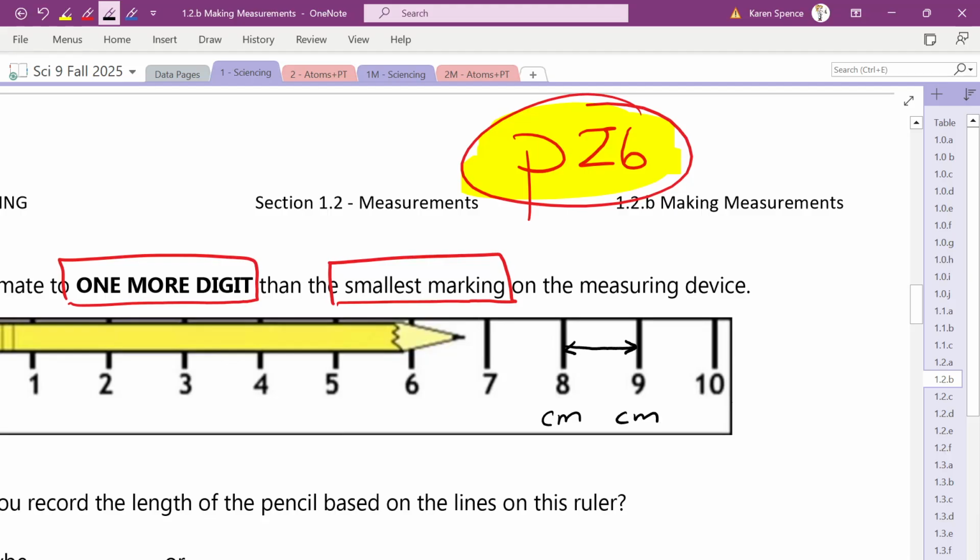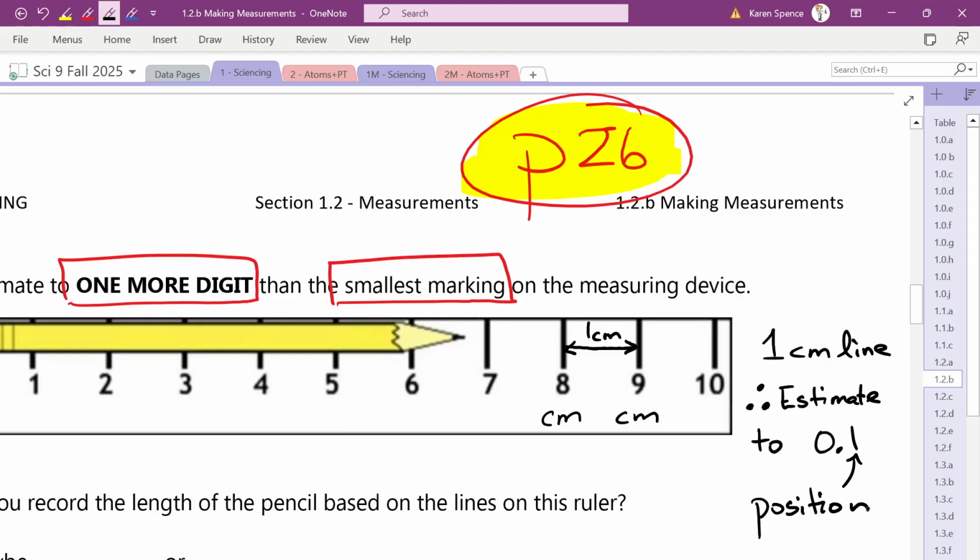Don't think too hard. It's easy. Yeah, it's 1 centimeter. Okay, that's 1 centimeter. So if that distance is 1 centimeter, so you have a 1 centimeter line, you would estimate, therefore, to which position? The 0.1 position. 1 position to the right of the ones.